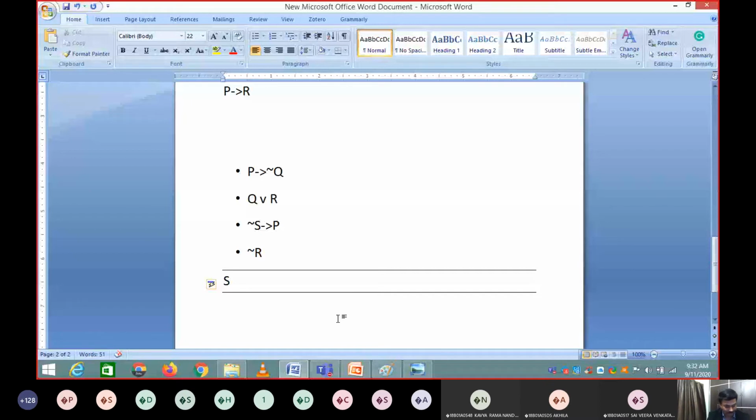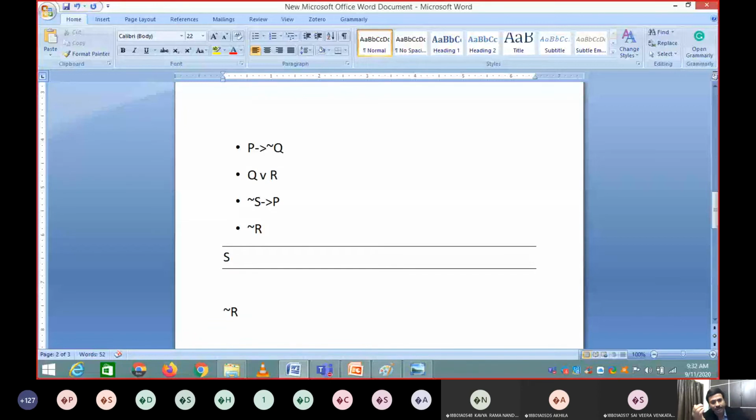I try to take negation of R, because I feel this is a simple one, since R is only a single symbol without any connecting operators. So when negation of R was taken, what is the next statement I can take? Is it P implies negation of Q, or Q or R, or negation of S implies P? What can I take here to get the output faster?